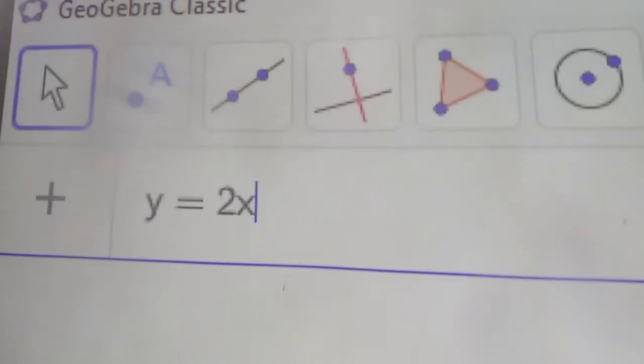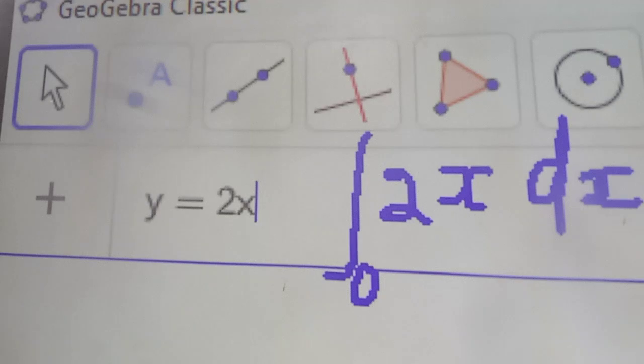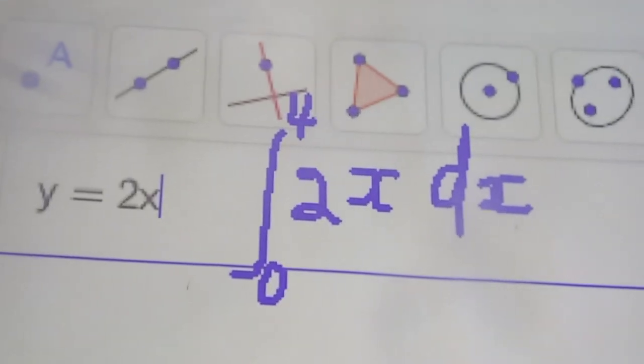This is a function where I ask you to evaluate the integral of 2x dx from 0 up to 4.